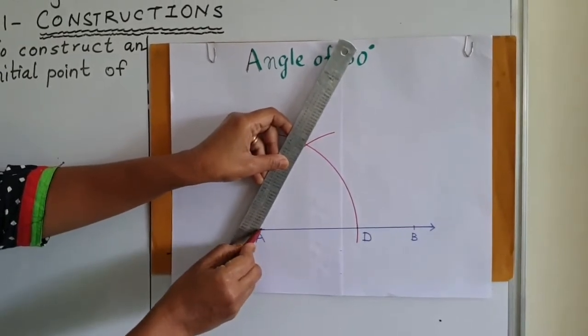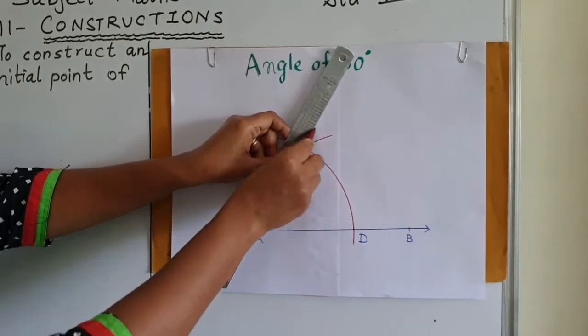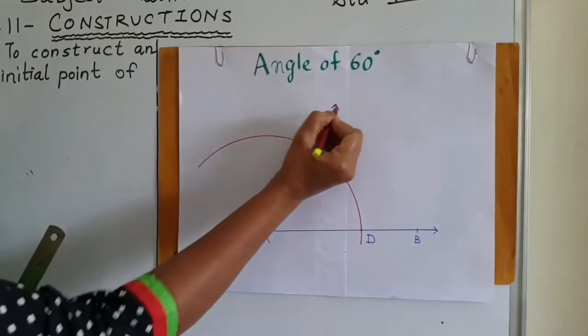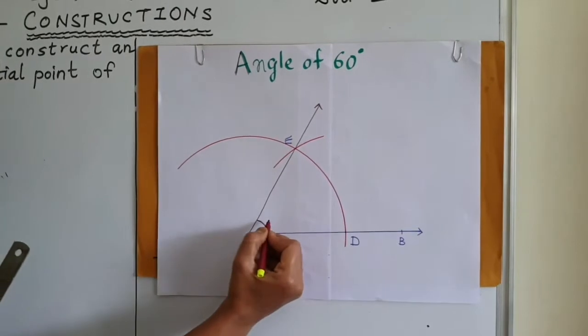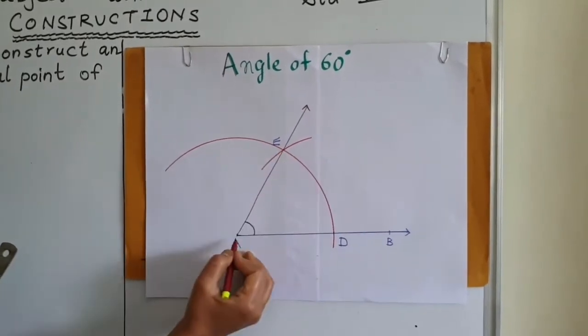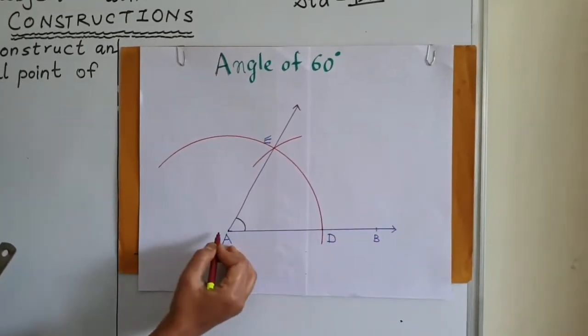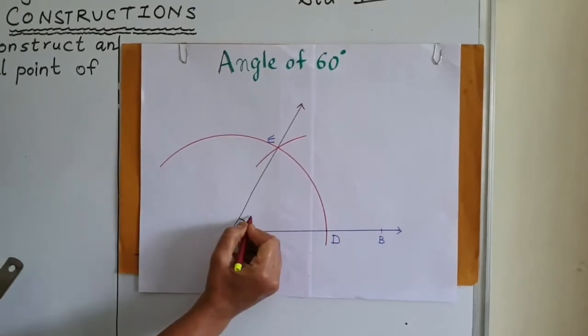So this is how we get an angle EAB, or you can say EAD, which is of 60 degree.